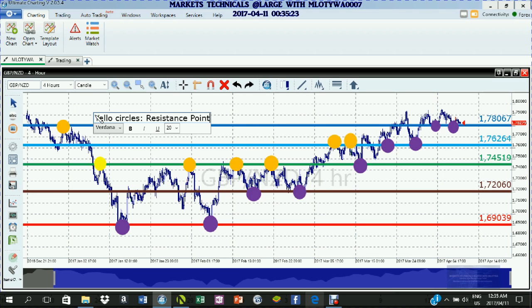Those are points where the market is obstructed from passing through a certain rate. And the purple circles, you see that, guys? Those are your support points. I hope you guys understand this.